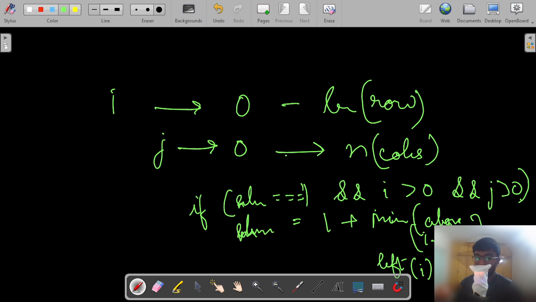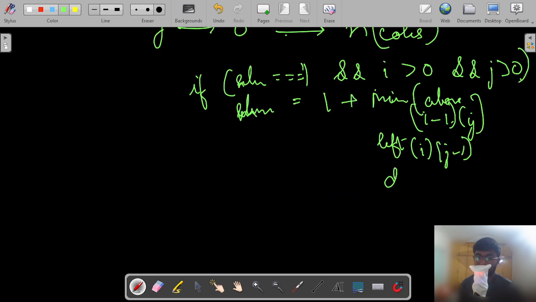And for diagonal we compute i minus 1 and j minus 1, the top left diagonal.